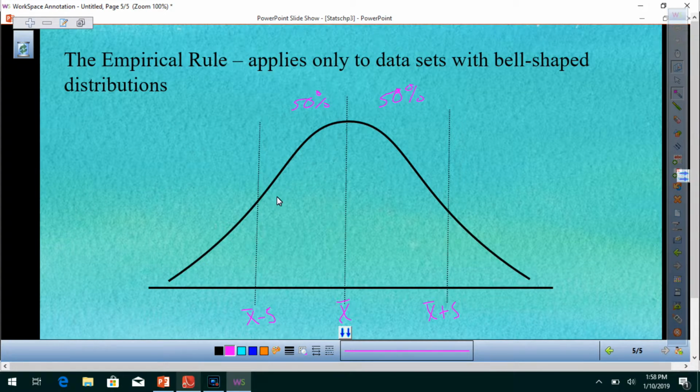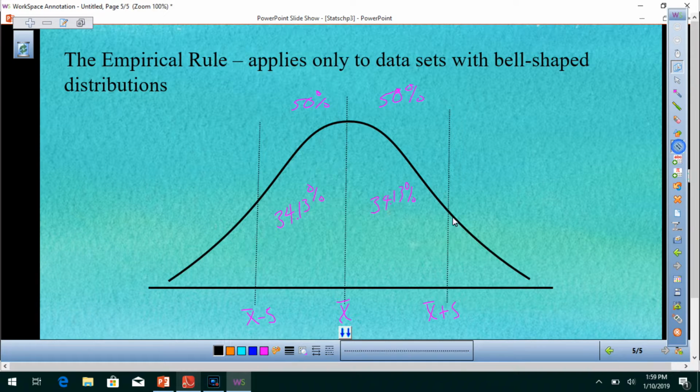In Algebra 2 we said that was 34%. It's actually 34.13%. And that's just one standard deviation.